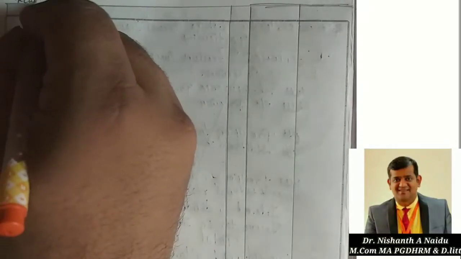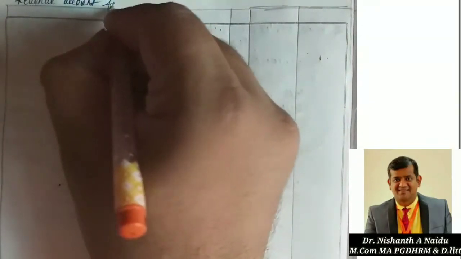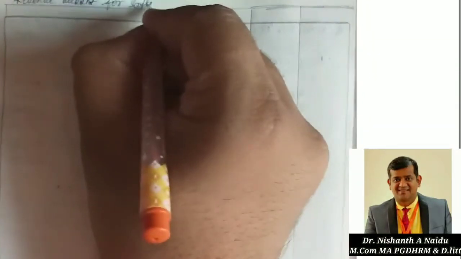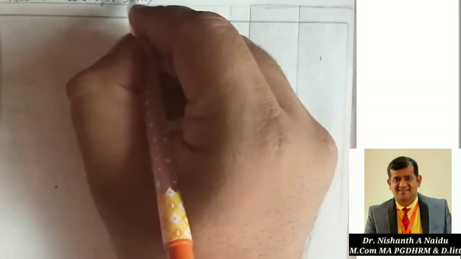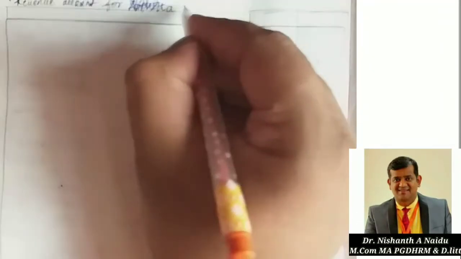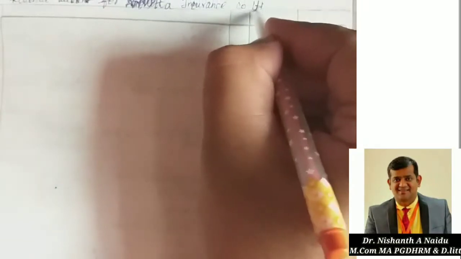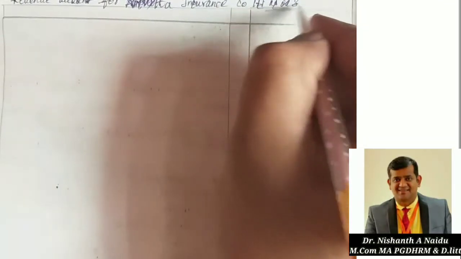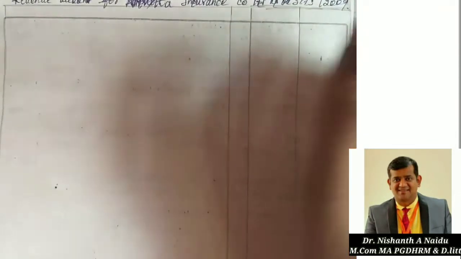Revenue account for Nishita Insurance Company Limited as on 31st March 2009.